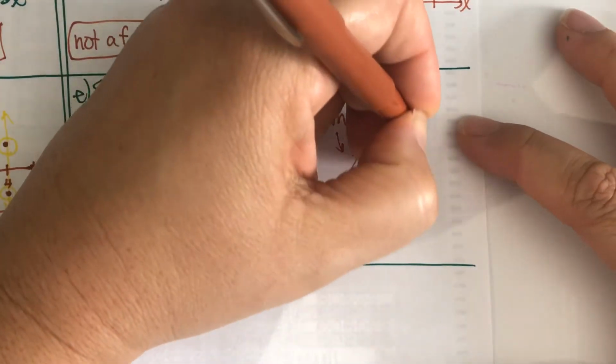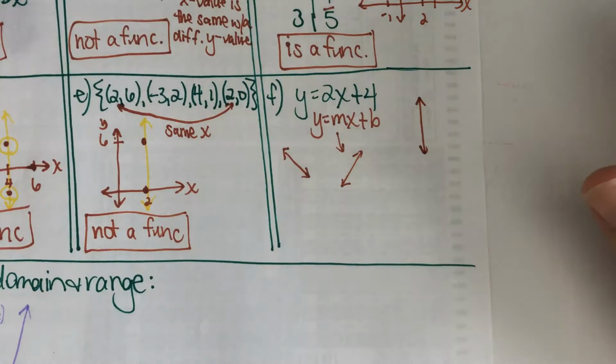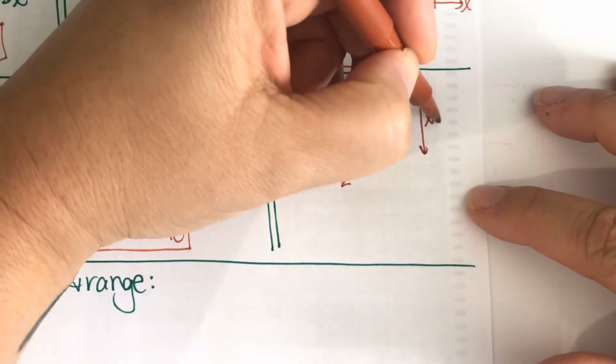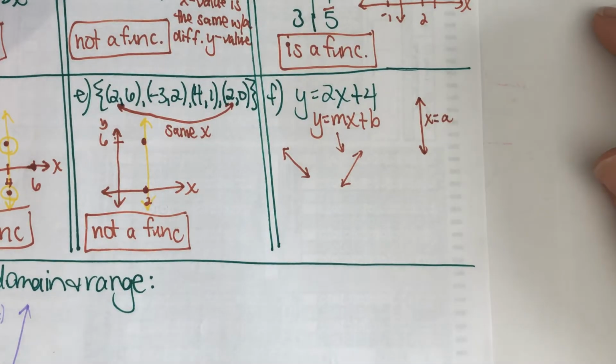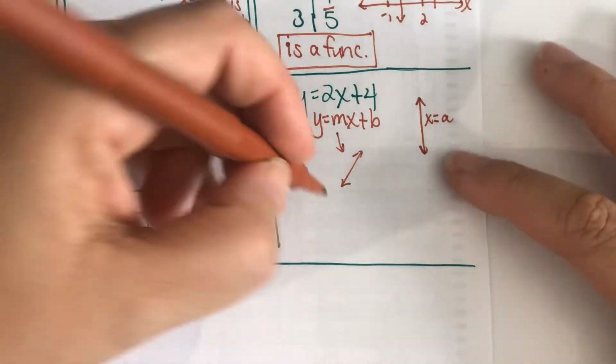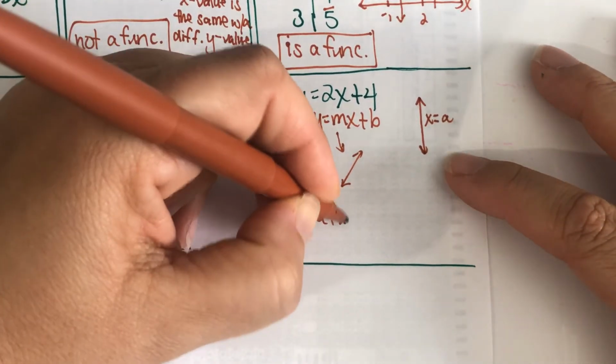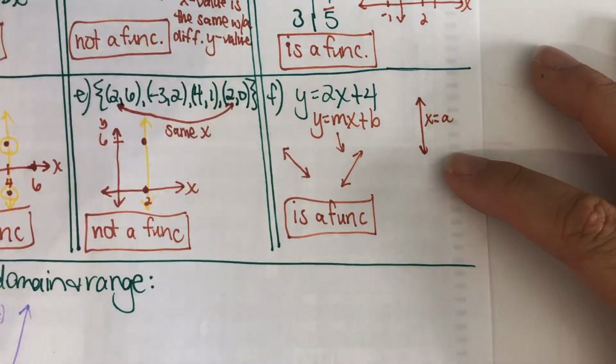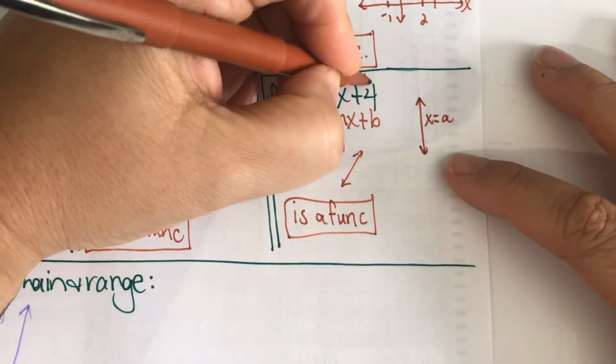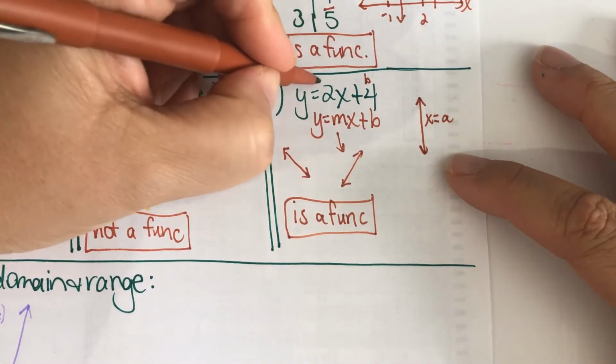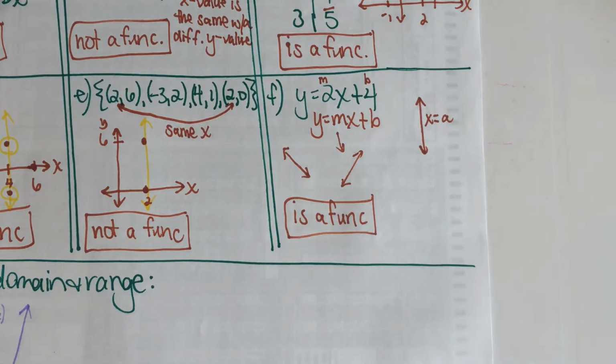The only line that's not going to pass the vertical line test is a vertical line itself, and the equation for vertical lines always looks like that, okay? So this one is a function. If you wanted to go and graph this using a y-intercept of 4 crossing the y-axis and then a slope with a rise over run 2 over 1, you could see that it will pass the vertical line test.